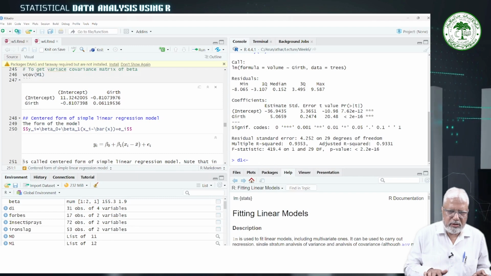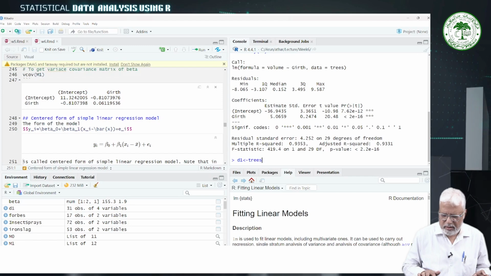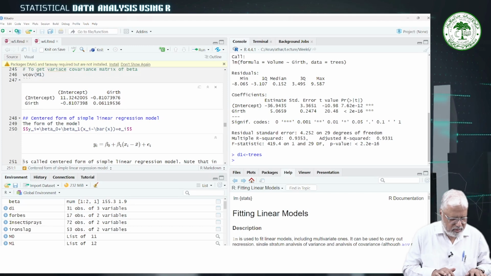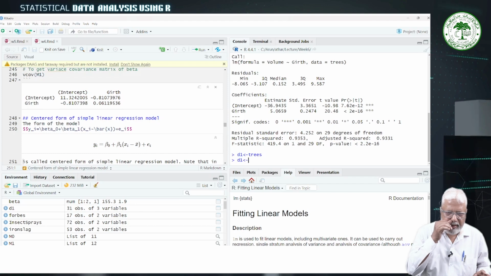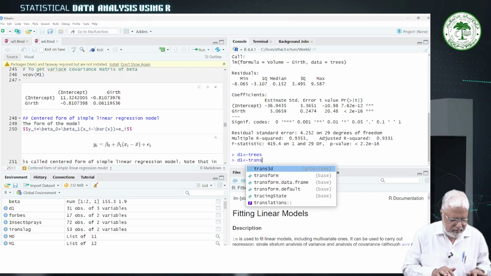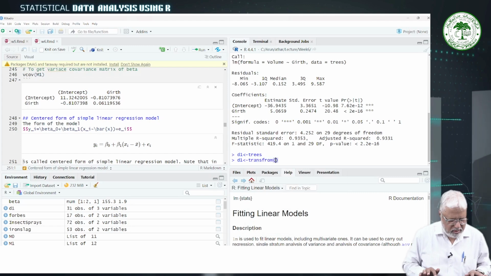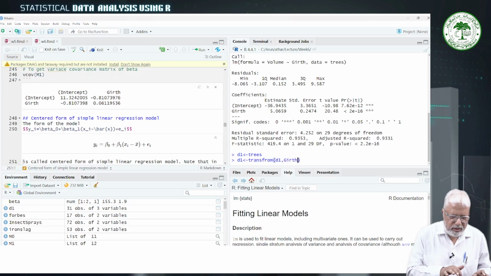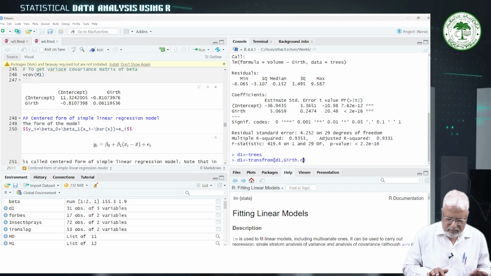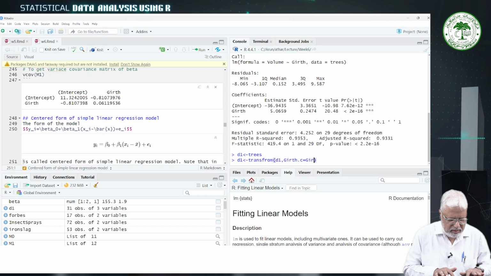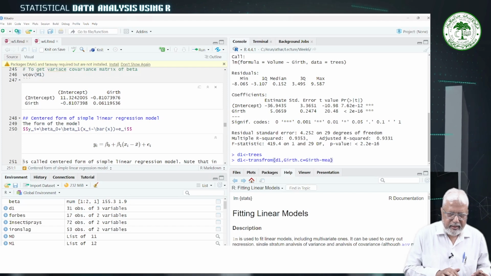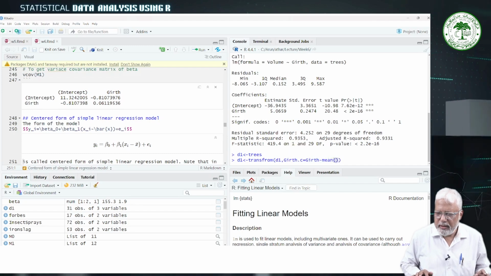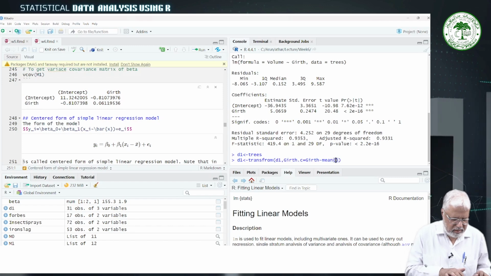D1 is equal to trees, and then we are going to redefine D1 is equal to transform D1, and here we are defining a new variable, girth dot c is equal to girth minus mean of the girth.